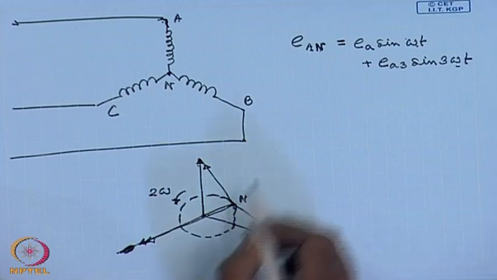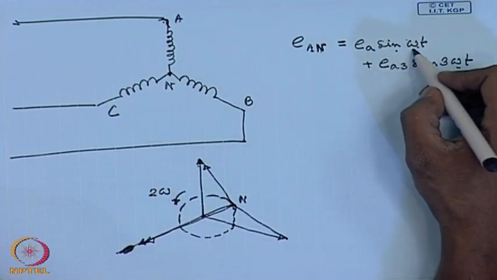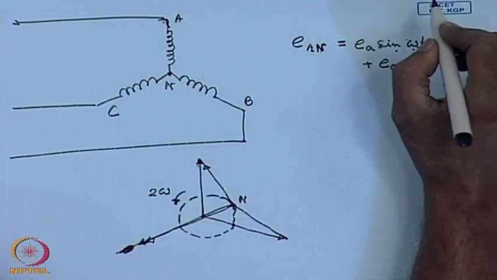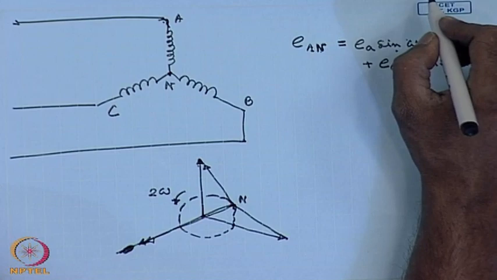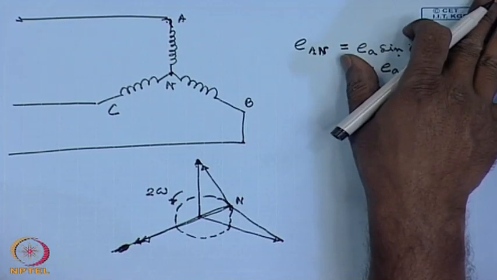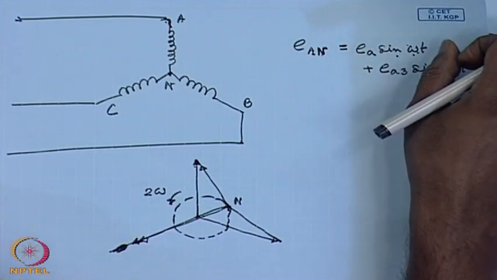This does not rotate, this one rotates at a speed of omega t. So, this point will be rotating at a speed of 2 omega t. This is called the oscillating neutral phenomenon and it is highly undesirable. That is why an isolated neutral star star connection is not used.